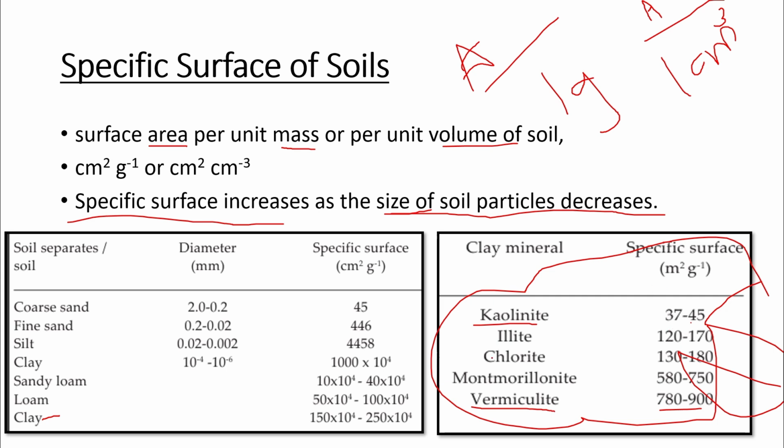Less than 100 is kaolinite, 700 to 900 range is vermiculite, and 500 to 700 range is montmorillonite. Illite has less specific surface than chlorite. That means you have to study this table. Which clay mineral has high specific surface? Answer is vermiculite.